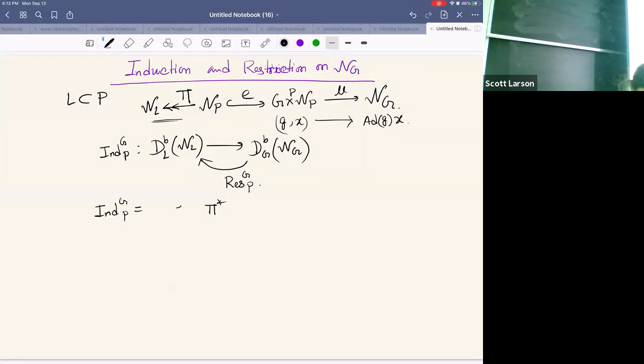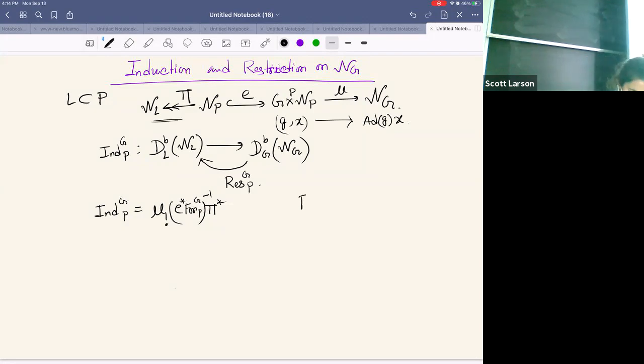Then I apply this, which is called the induction equivalence. I apply the inverse of the induction equivalence. It's an equivalence, so I can take the inverse, and then I push forward by the mu map.